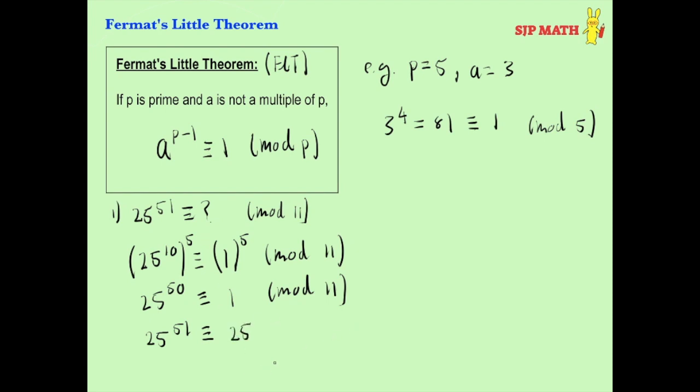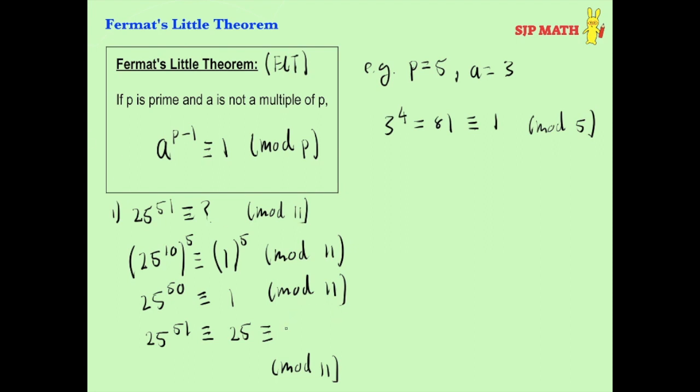And mod 11, I'll just write it down here because there's no space. 25, when divided by 11, is congruent to 3, sorry.